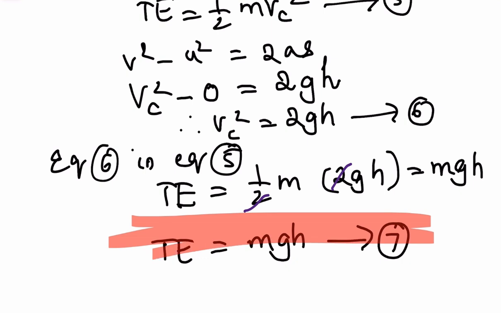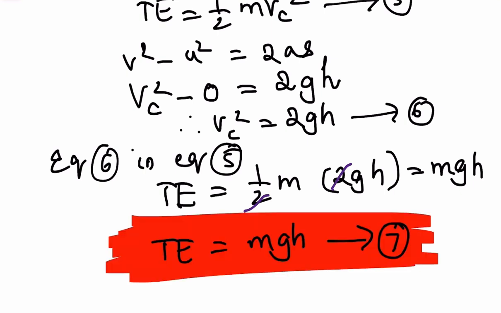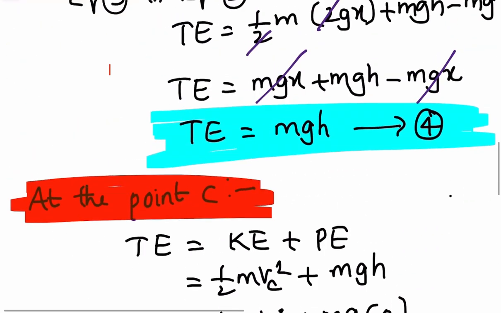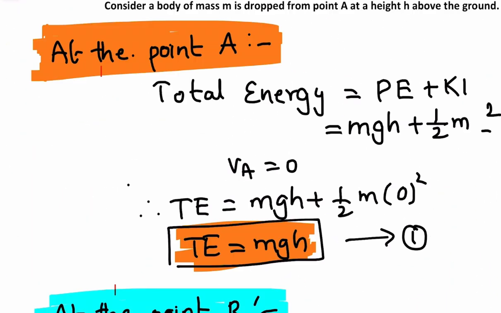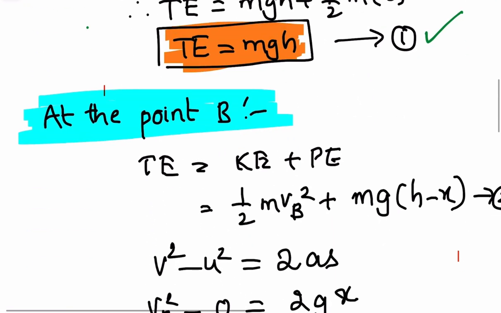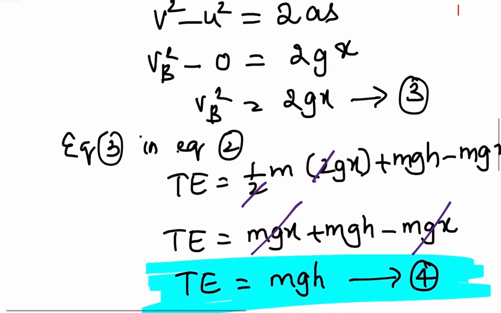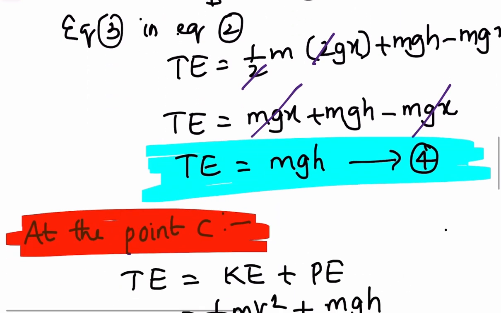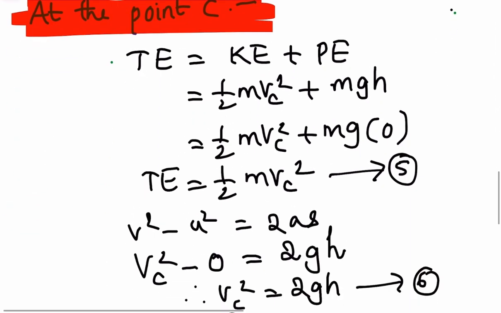Now from here what we learn? If you go first to the point A, very clearly you can see here that the total energy is mgh. And when you go to the point B, the total energy here also is mgh. And when you go to the point C, once again here also it is mgh.